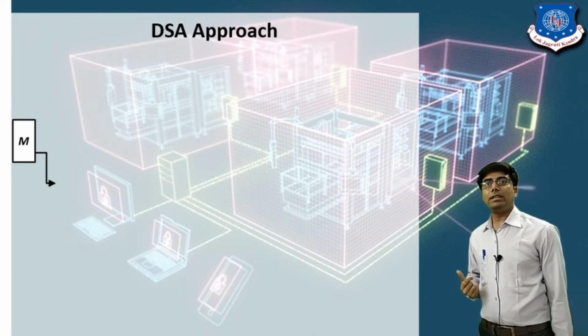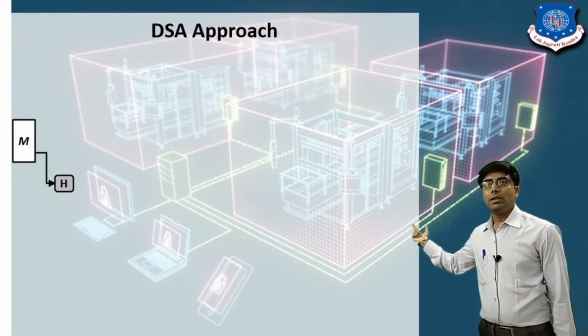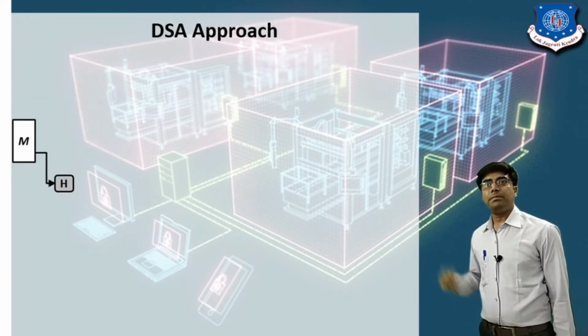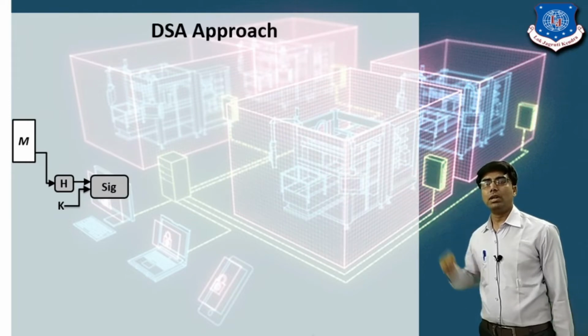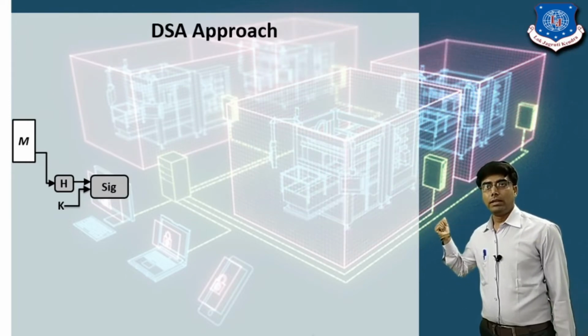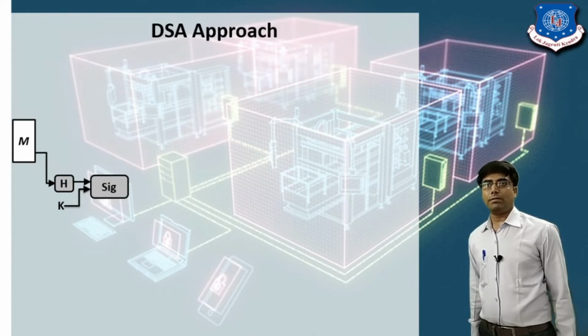So let's see this in the figure. First we consider our plain text message and apply the hash function on it. After applying the hash function, it generates a hash code. The hash code is input to the signature function.